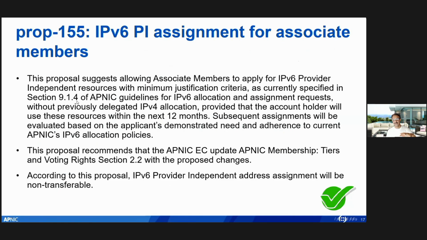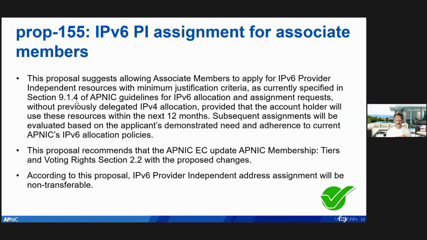But this proposal is saying that for assignments for provider independent networks, as an associate member, they can request an IPv6 allocation. And they don't need to become a very small member. They can just stay as an associate member and not need to pay any fees as well. So this proposal is very interesting. It's actually not really about the membership fee, but it implies that the membership fee is attached to this proposal.